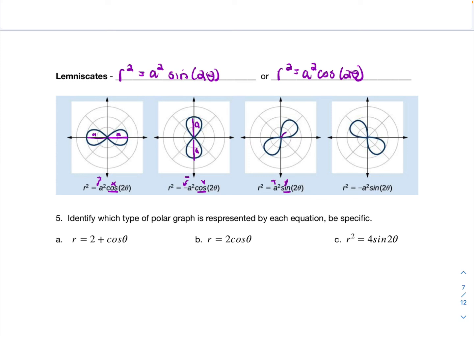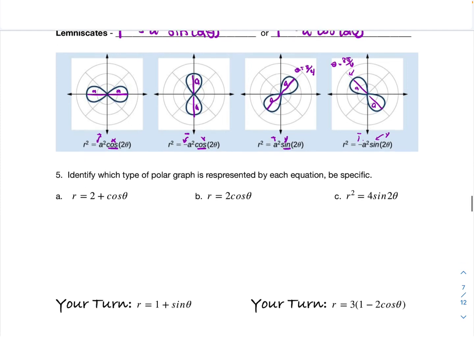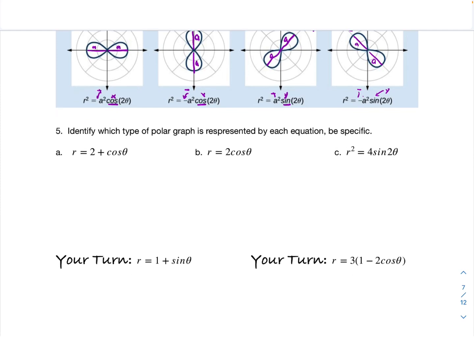If it's sine and positive, you're slanted toward, if you think on a coordinate plane system, that line y equals x. And if you have sine and a negative in front of this squared term, think of this as negative y over x in your rectangular coordinate system. So slanted in that direction, or that line 3 pi over 4.